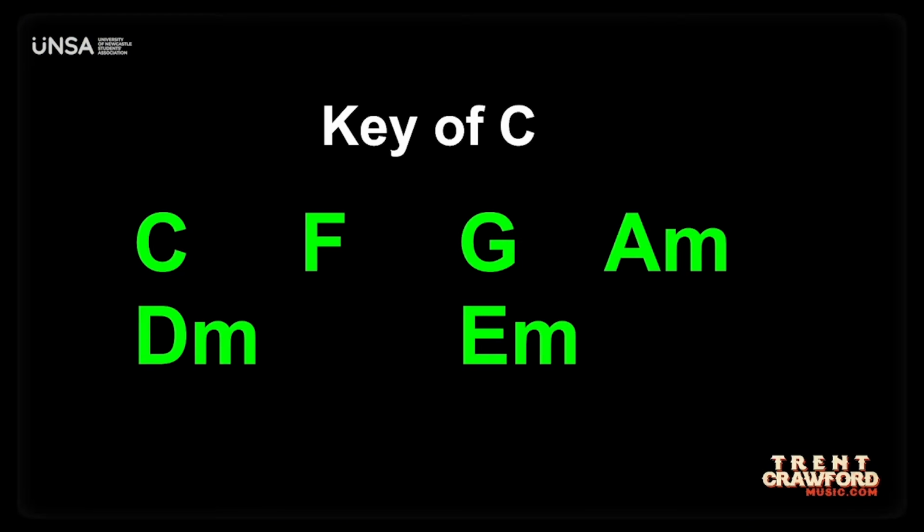So the key of C looks like this. We need to know a C chord, an F chord, a G chord we already know because it's in the key of G, A minor we'll look at, D minor we need to learn, and the E minor we already know from the other key.